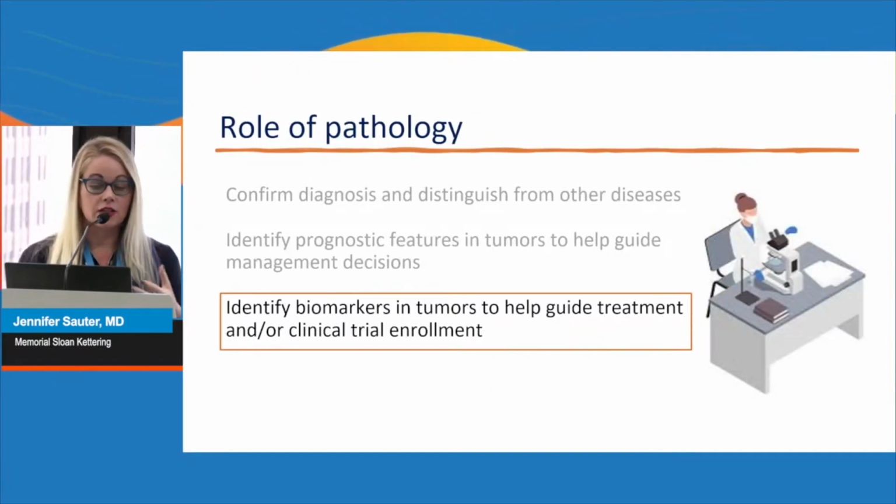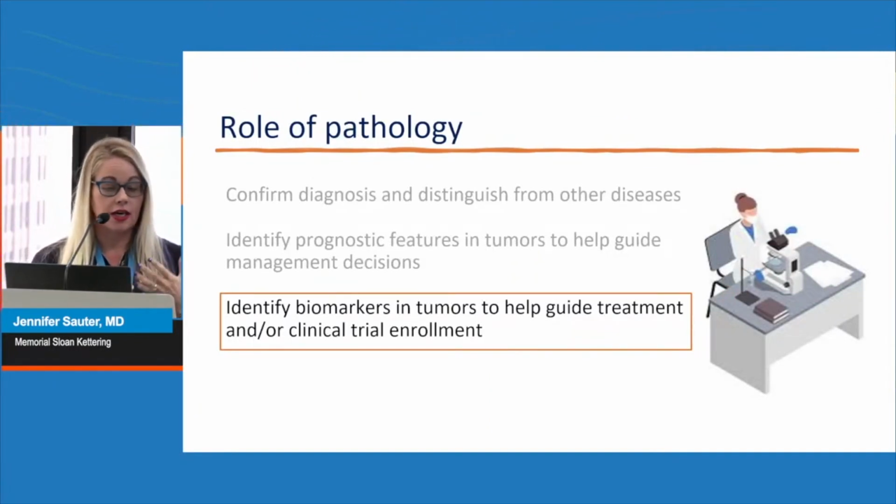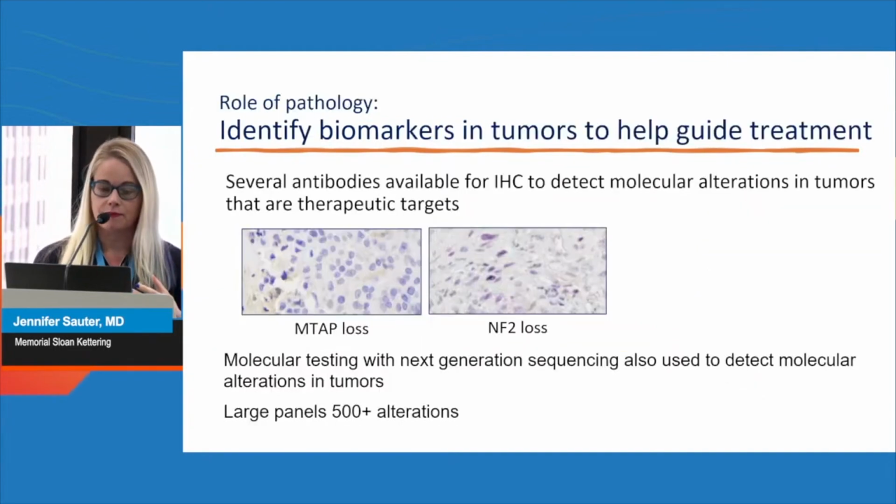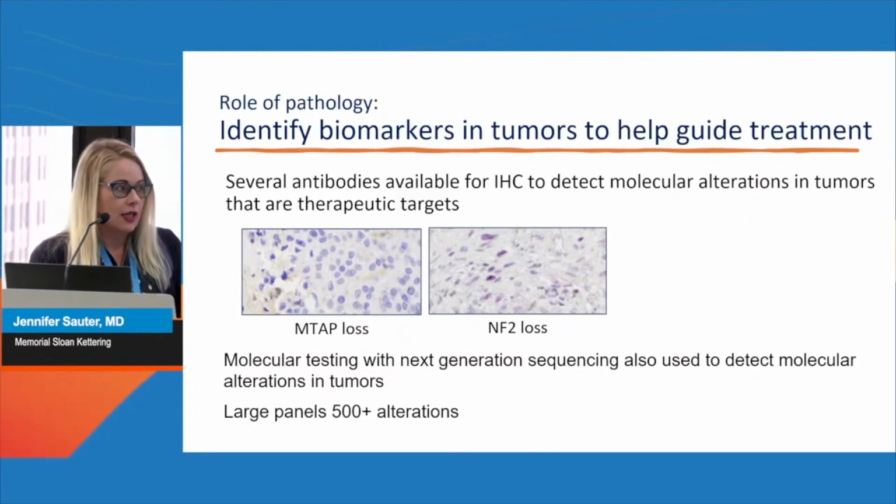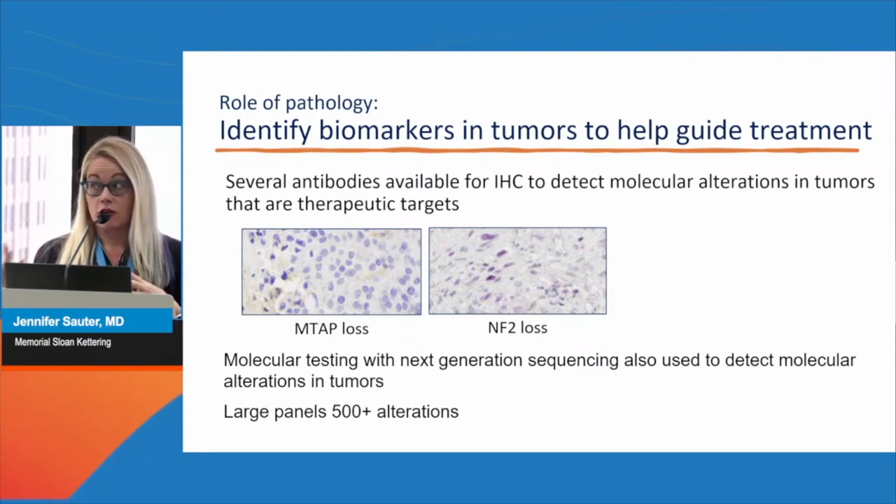Finally, pathologists also have a role in identifying biomarkers in tumors to help guide treatment and clinical trial enrollment. We do this both clinically, but we also help in the development of biomarkers in our lab. So some of the antibodies we use to help distinguish benign versus malignant are basically antibodies against protein expression of genes that could be therapeutic targets.